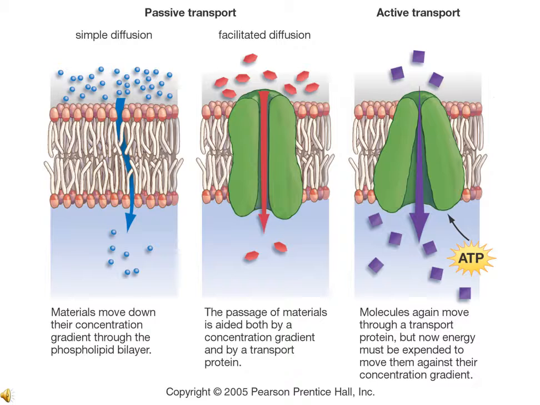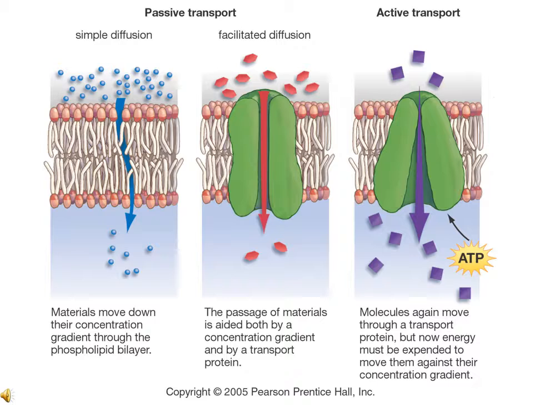The only way they can get through is through a protein that facilitates the transfer of those molecules. But this does not require energy. The protein simply has a channel for those red molecules to move through, and eventually the molecules will move through the process of diffusion into the cell.